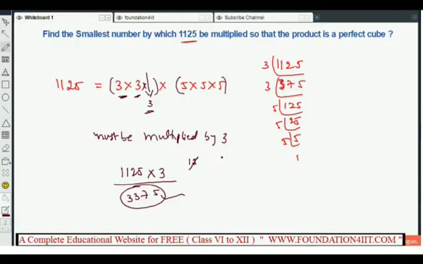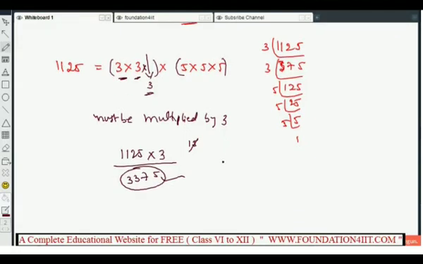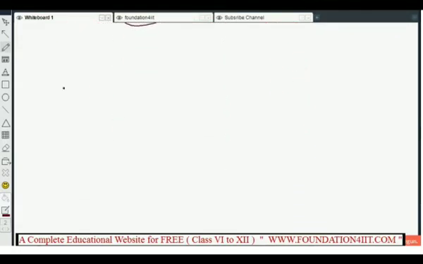Now some questions will ask what is the smallest number we need to divide. Okay, I'll give you one more question. So what is the number we need to divide?